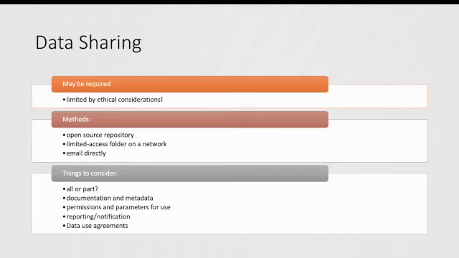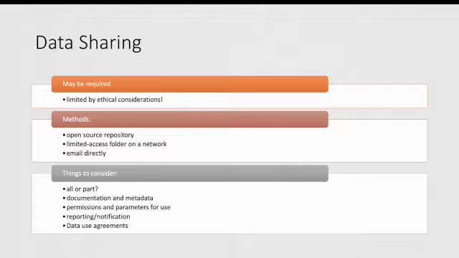Now, things that you can consider with data sharing, you don't necessarily have to share all of it. I generally share the data that were associated with the paper that I am publishing at the time of publication of the paper. So not all of the data, just the data that went into that particular publication.